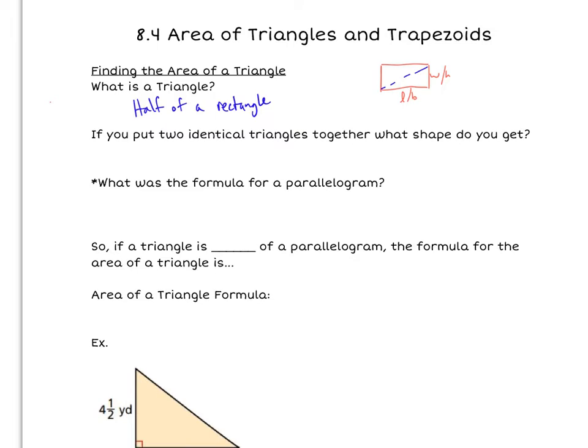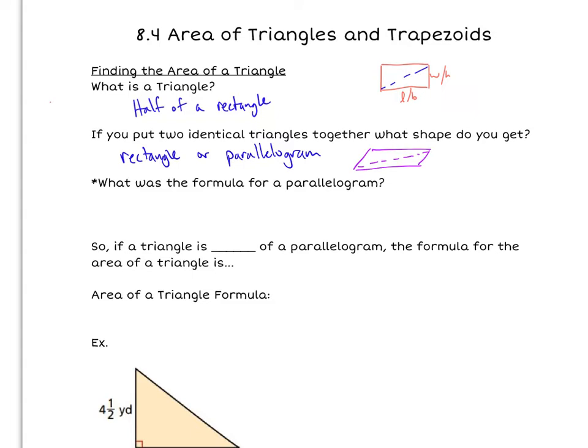If we put two triangles together, we end up with a rectangle, or we could say a parallelogram, because we could have a shape like this, where we don't have 90-degree corners, and we cut this here, we get two triangles.